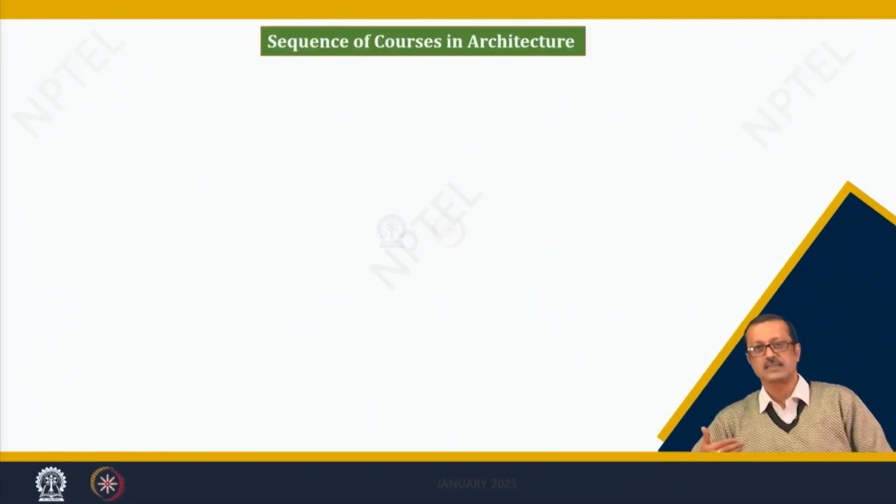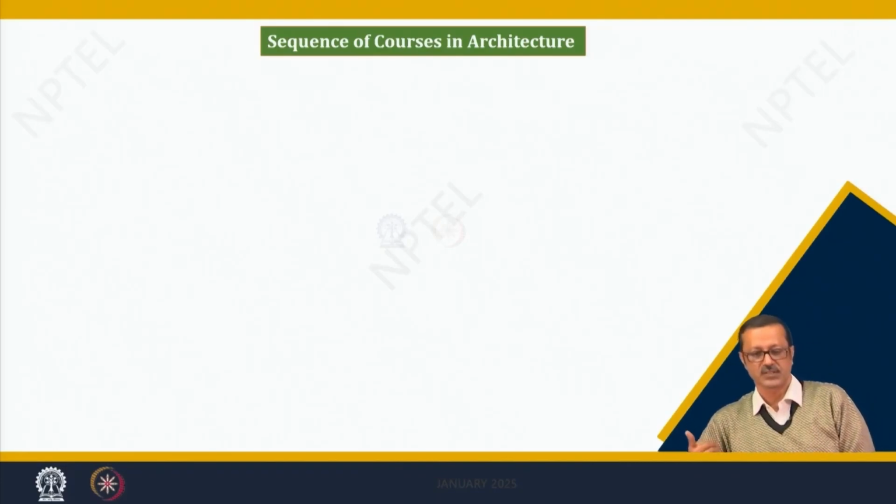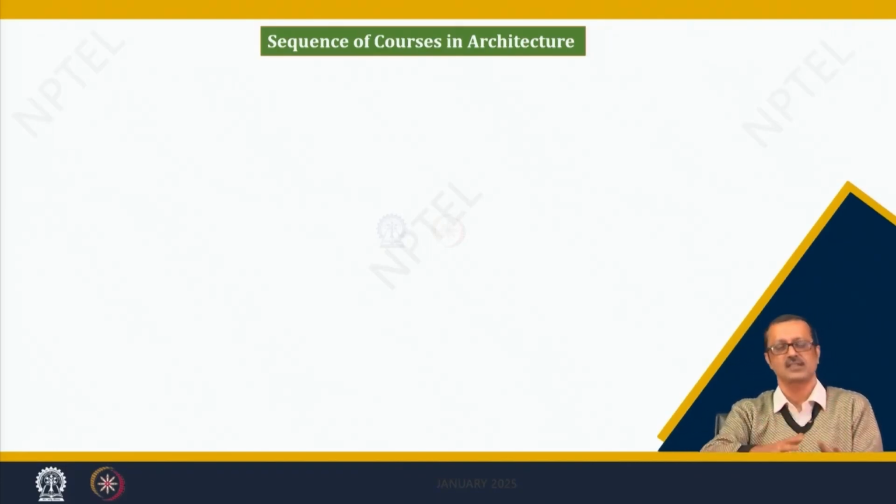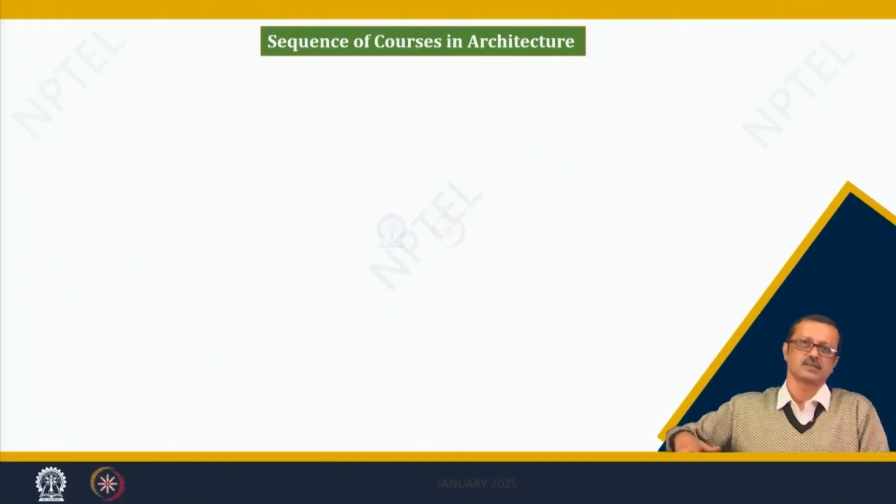Now let us come back a little from energy to the sequence of courses in architecture. I am focusing on architecture because there is a chain of subjects in architecture where we find a smooth chain.